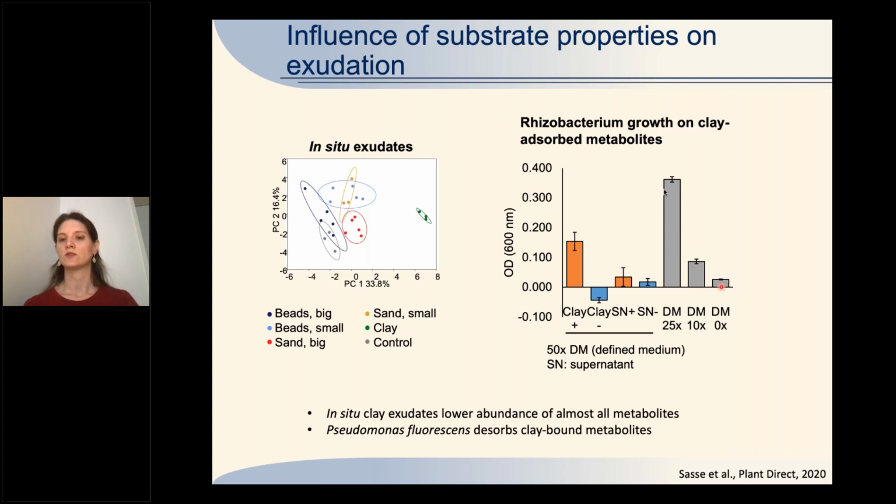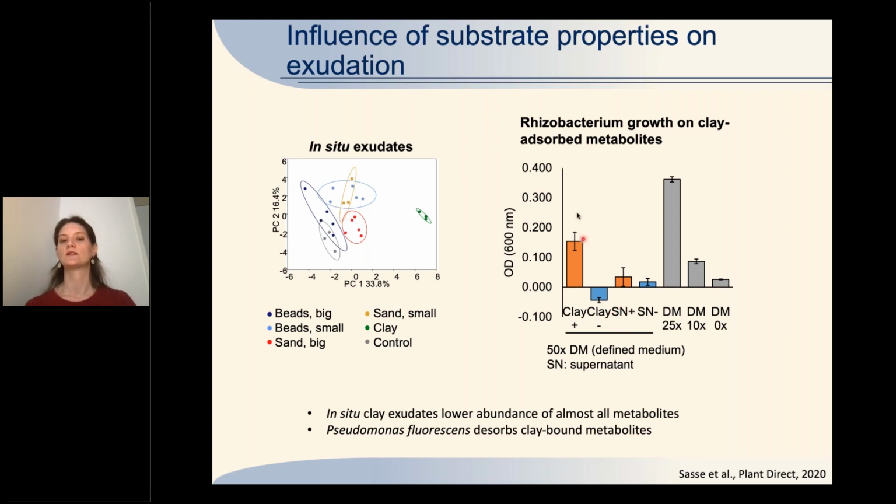And depending on how concentrated a defined medium we give the bacterium, it grows to different densities. Then we grew the rhizobacterium in clay that was pre-incubated with this defined medium and then washed, or clay that was not pre-incubated with the defined medium. And we also grew the rhizobacterium in the supernatant of this washed clay.